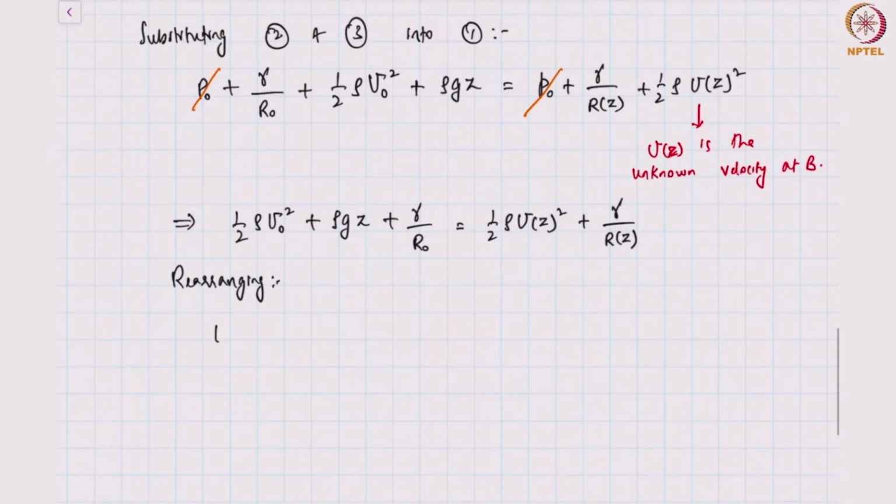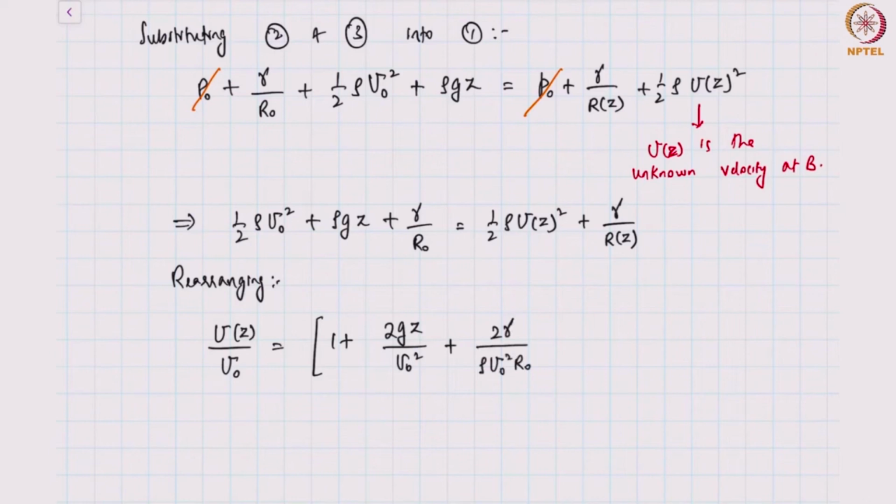I get U of Z by U naught. This is straightforward algebra. I get half times 1 plus 2 G Z by U naught square plus 2 gamma by rho U naught square R naught times 1 minus R naught by R of Z, whole power half.